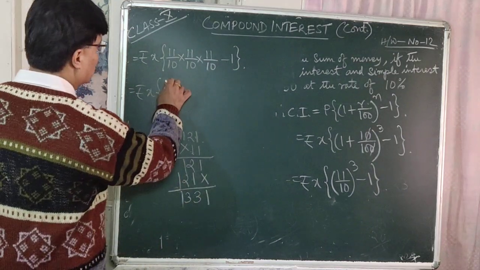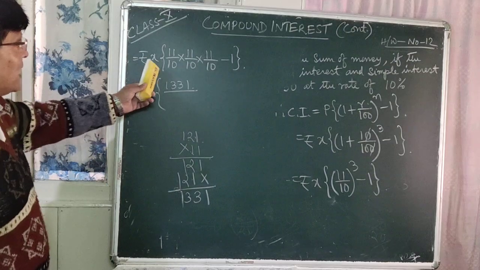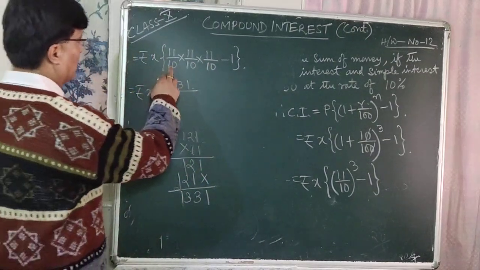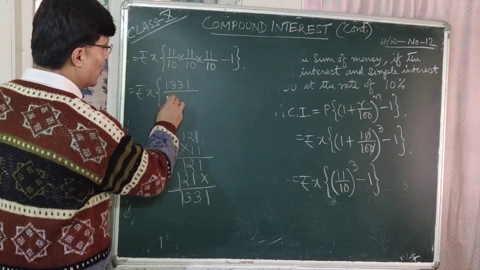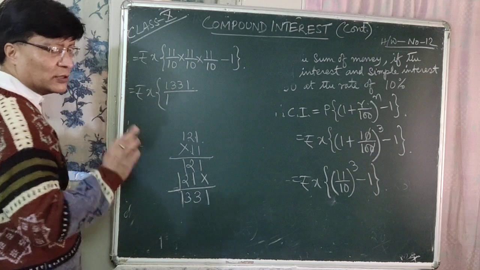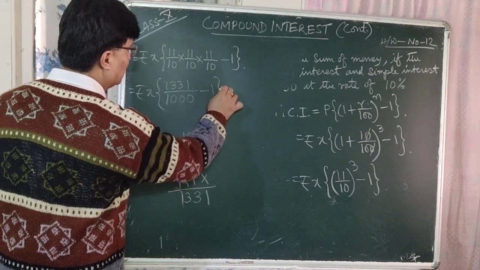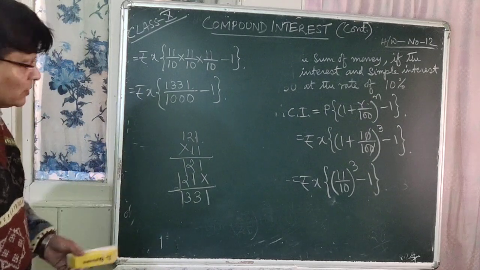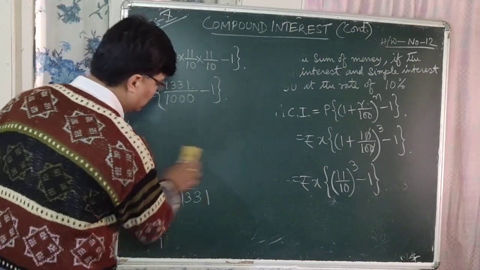So this is 1331 divided by 10 into 10 into 10, which has 3 zeros. So write down 3 zeros after the 1. Then write down minus 1. Understood? You should do it in the rough work.